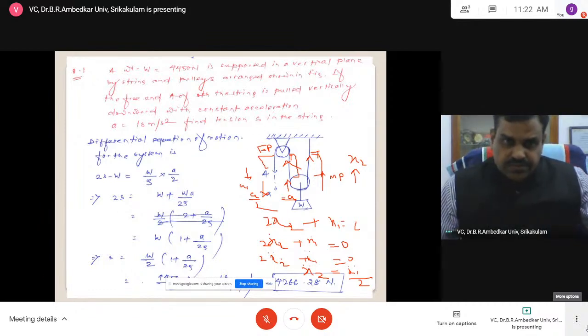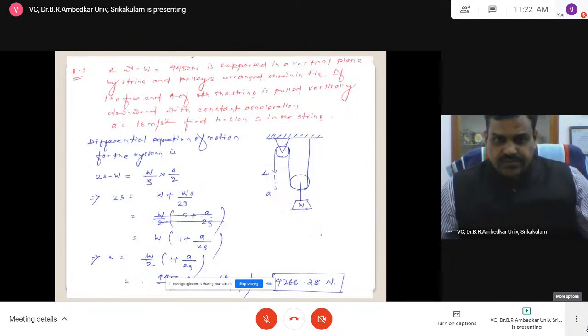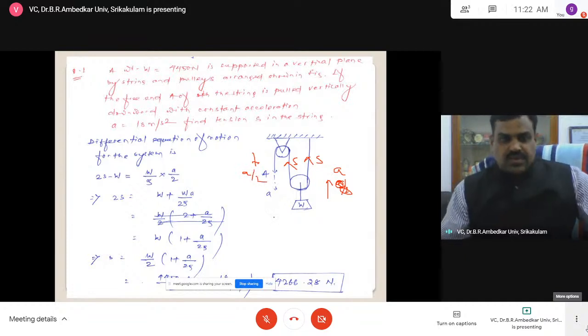See now, if you release the case, see now what we have to do is the tension in the string S, the tension in the string S, this acceleration is A by 2 and this, not this, this is A and it is A by 2.